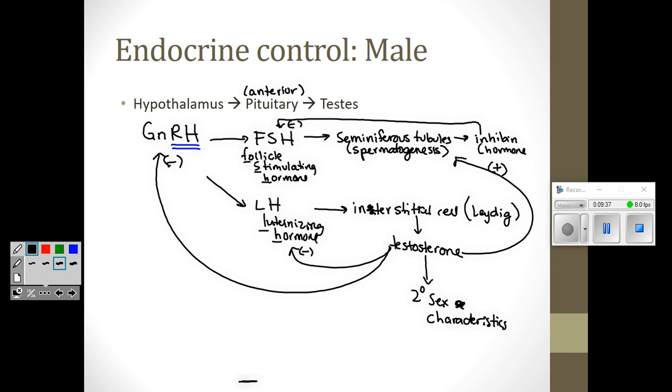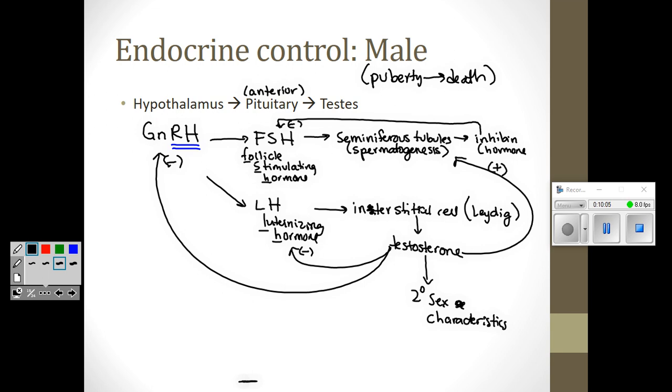Now, this whole pathway is generally what is happening from puberty until death. Males have the capacity to produce reproductive hormones and gametes for basically their entire adult life.